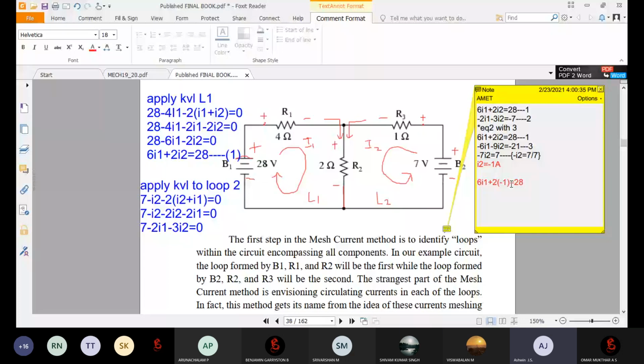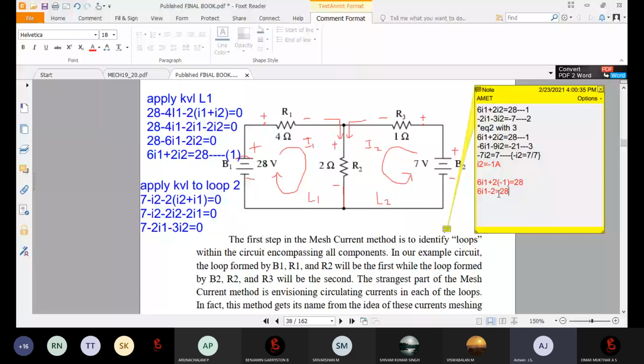Just multiply it. What do you get? 6 I1 equal to 28 with minus 2. If it goes to the right hand side it becomes plus 2.